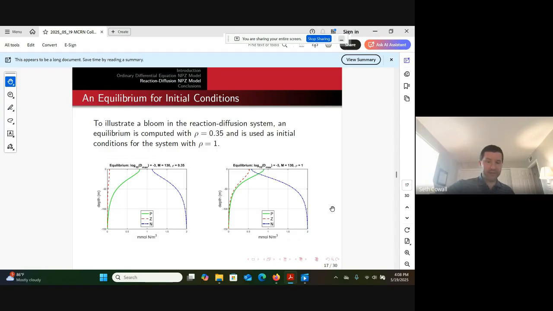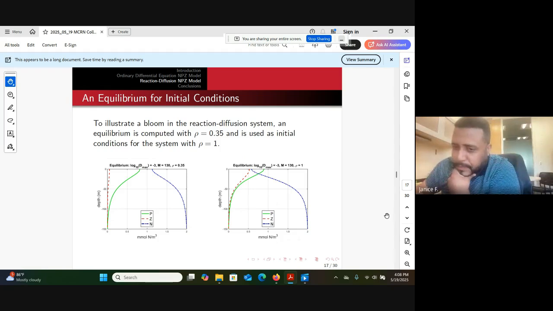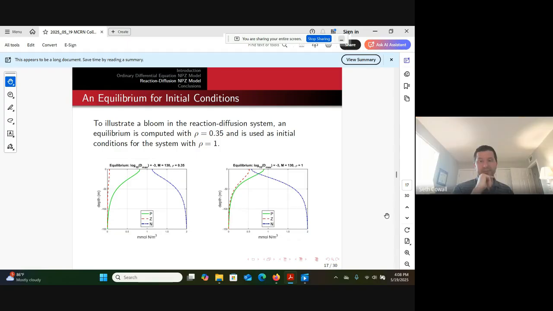Because depth is down, the surface of the ocean is 0, and there's 50 feet down, 100 feet down, 150 feet down, and so forth. Okay. Yeah, that's all I got. So I appreciate it.